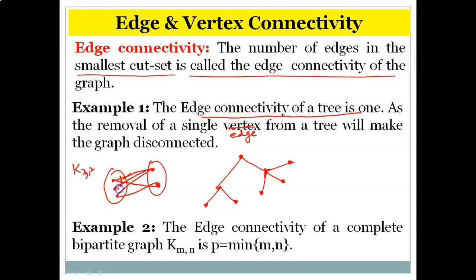Now in that situation, the edge connectivity will be 2, because if I remove these two, in that case also it is a disconnected graph. So for a complete bipartite graph, the edge connectivity is the minimum of M or N, whatever is the minimum value in K(M,N), that will be the edge connectivity.